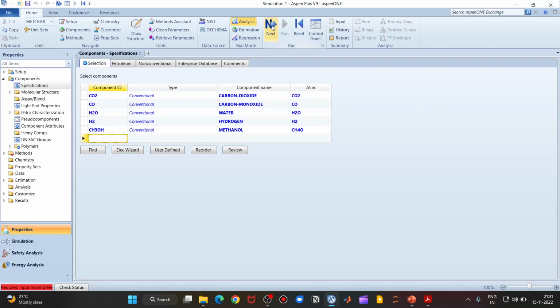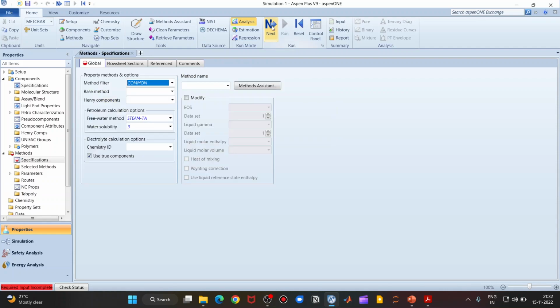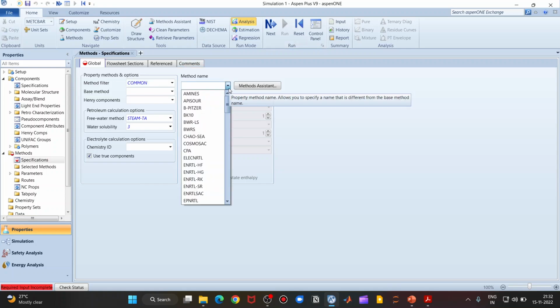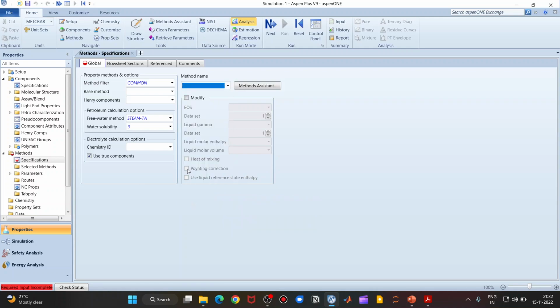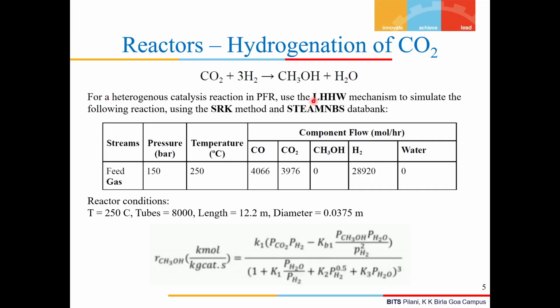So let's click on next. Here, as I said before, the thermodynamic model which we are going to work with is the SRK model. By default we'd be using the steam TA tables, but in this problem they have specifically given that we have to use the steam NBS tables.